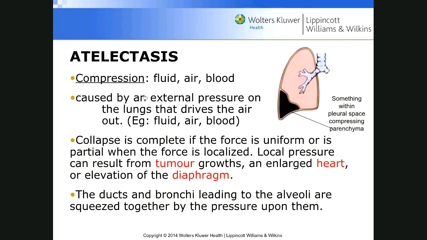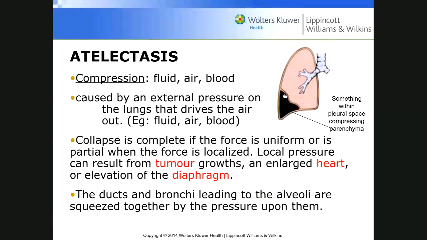Okay, so here is compression. In this case it is fluid accumulation, like a pleural effusion, for example. Normally this would be air, but if there is fluid in here, then this lung cannot be inflated.